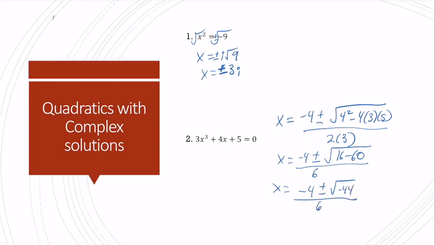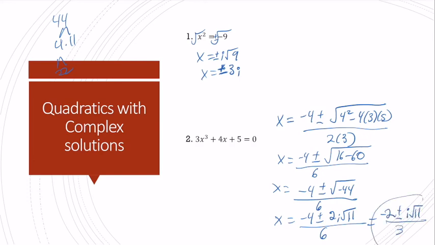I can simplify 44 into 4 times 11, which is 2 times 2. So I can pull out a 2 and an i. So I've got x equals negative 4 plus or minus 2i square root of 11 over 6. And then I can go ahead and pull out a factor of 2. So I've got negative 2 plus or minus i square root of 11 all over 3. And those are going to be our two complex solutions, and they are conjugates of each other.